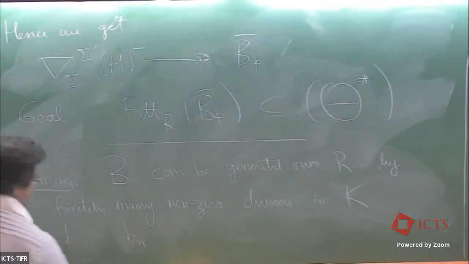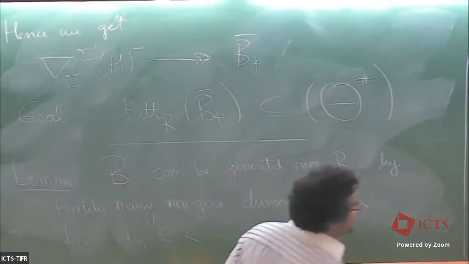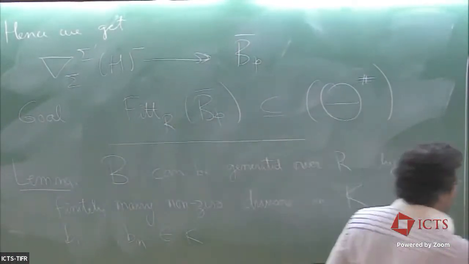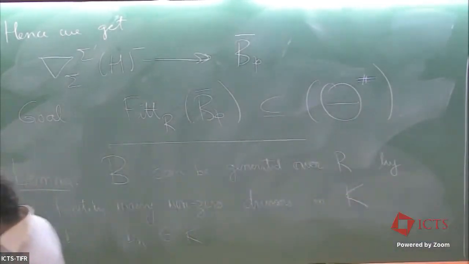So these are some non-zero divisors in K which generate B as an R-module. Again, it's some kind of compactness argument, and if you have zero divisors, you can change them by something to make them non-zero divisors without changing the span. So, not hard.